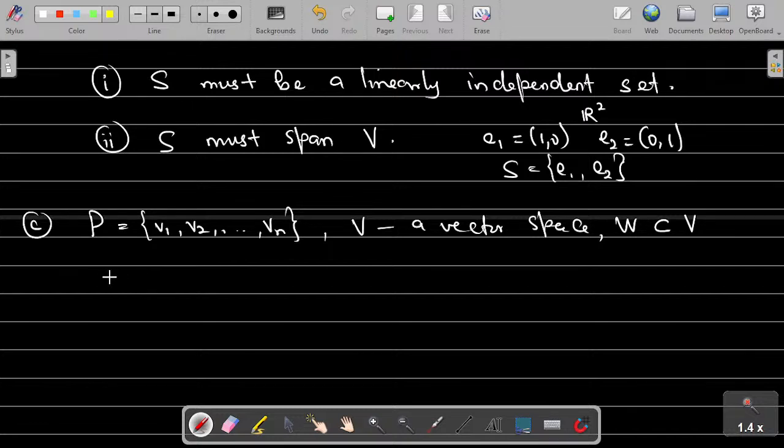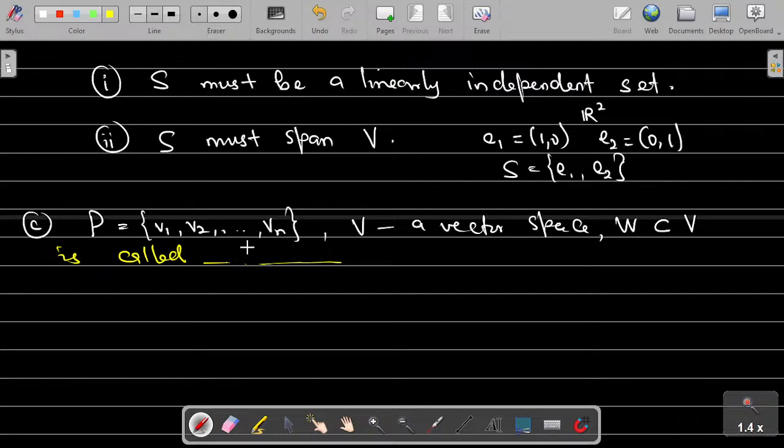In filling that blank, you would say it is the space spanned by P.